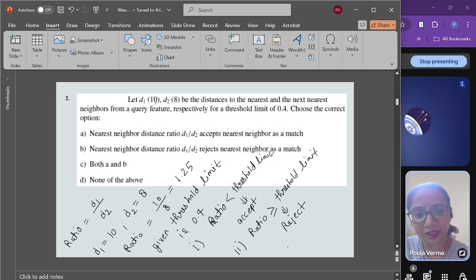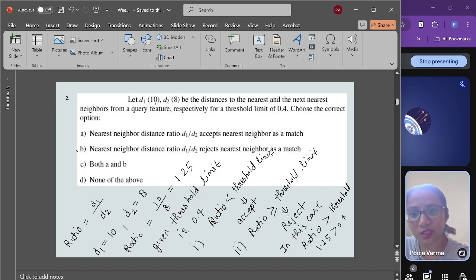In this case the calculated value is 1.25 and the given threshold is 0.4, so the ratio is greater than the threshold limit and it will reject the nearest neighbor.